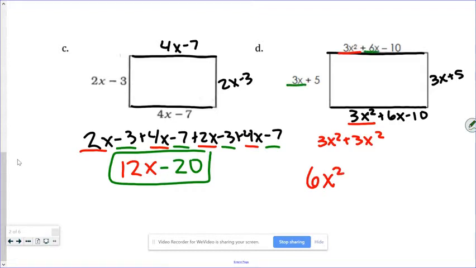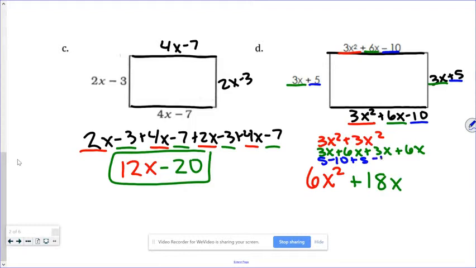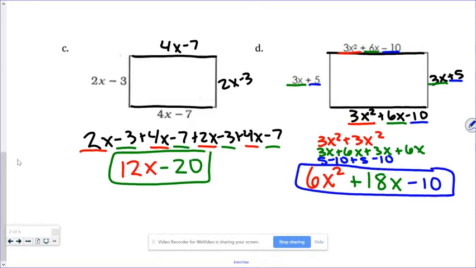All my x's, I'll underline in green. 3 plus 6 plus 3 plus 6. That right here. 3x plus 6x plus 3x. All right, that should be what? 18x. Nice. And last one, 5 minus 10 plus 5 minus 10. Yeah, all right. That should be a -10. Okay, that's perimeter for those shapes.